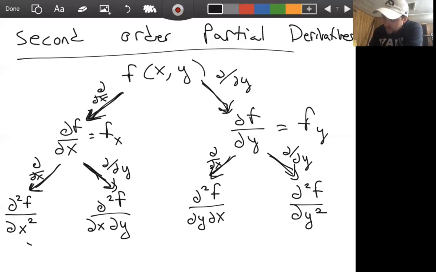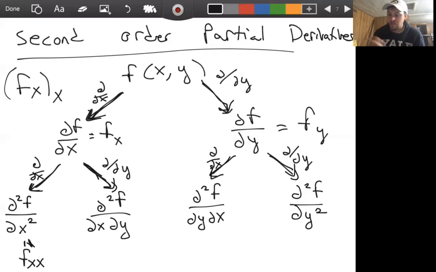And now we have some similar notation here. We denote the second partial derivative with respect to x twice as f sub xx, right? So we took the partial derivative with respect to x, and then we're taking that partial derivative with respect to x, but we just write that as f sub xx.